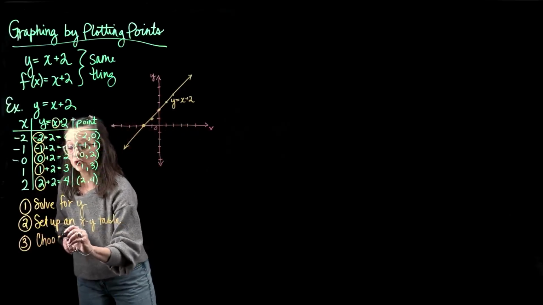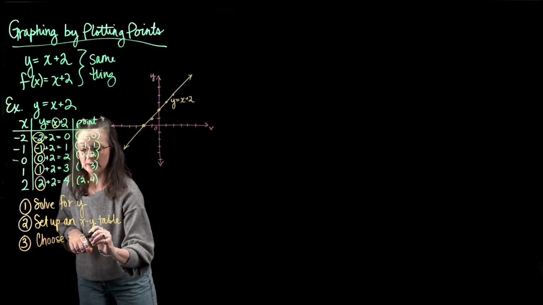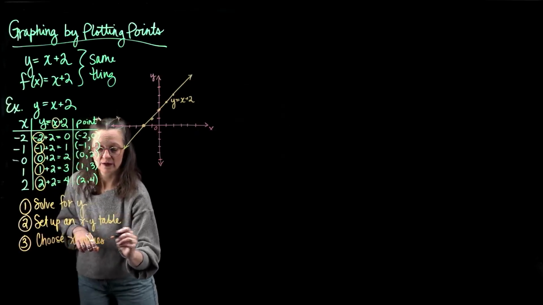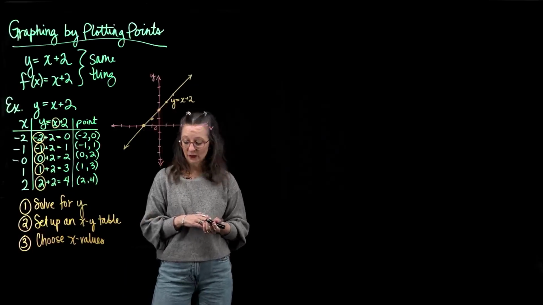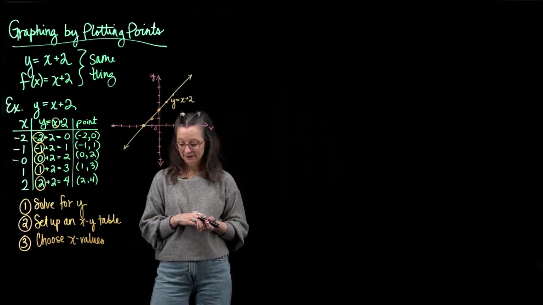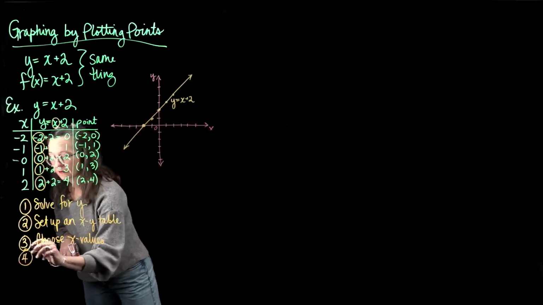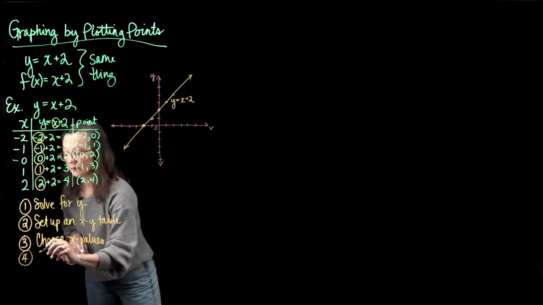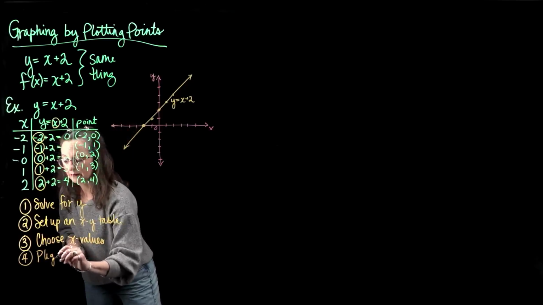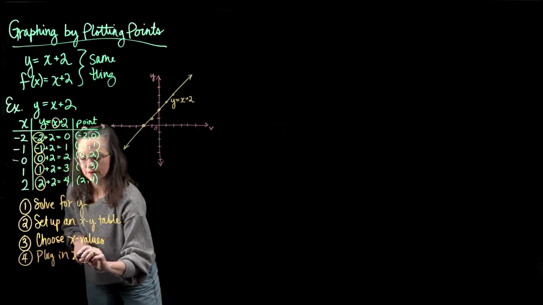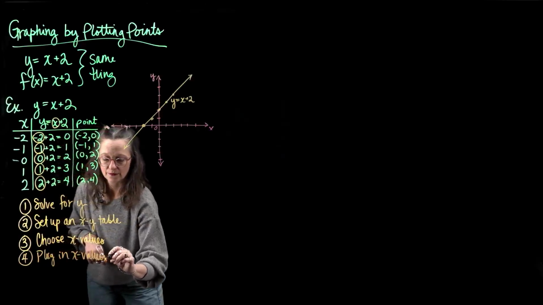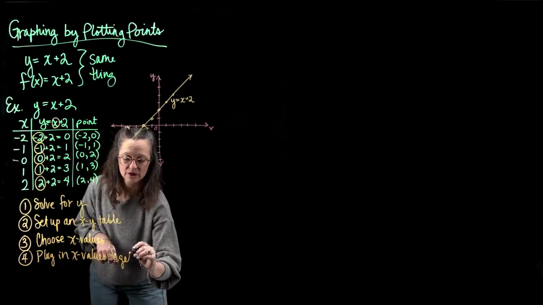And then after I have that, I'm going to choose x values. And remember, we can choose anything, but we want to make smart choices to make our life easier when we solve for y. All right, my fourth step is I'm going to plug in the x values to get the y values.